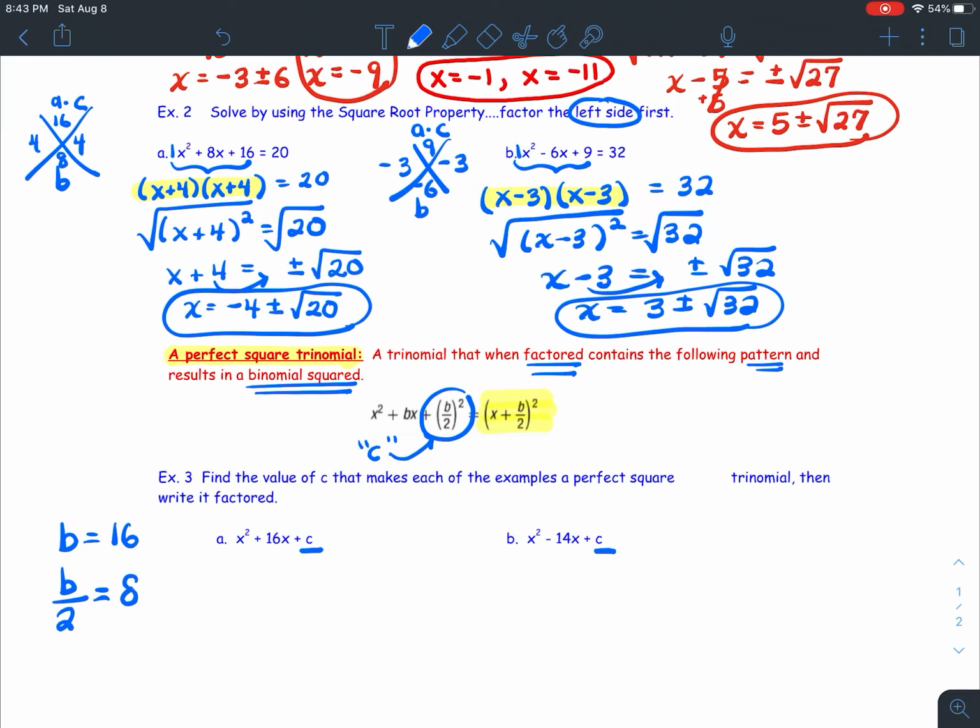The B value on this problem is 16. If I take that 16 and divide it by 2, that gives me 8. Then if I square that 8, that gives me 64.